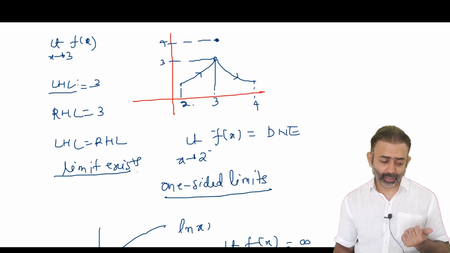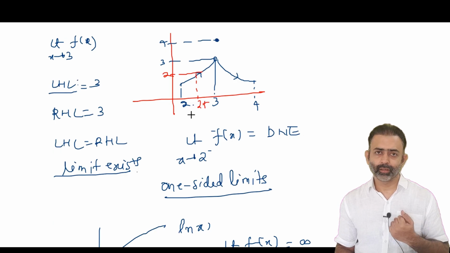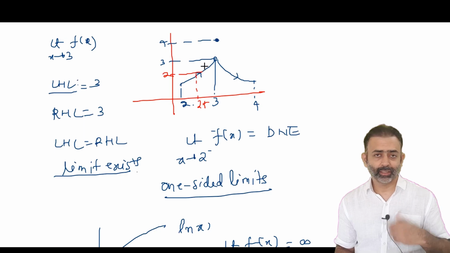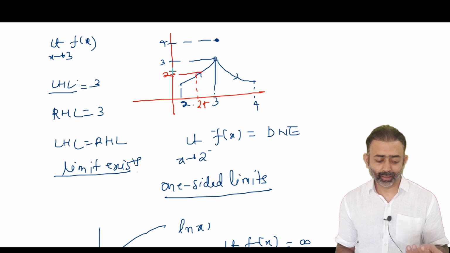So in the previous example, suppose the function is approaching a point 2, also at a certain point, let us say 2.5. I cannot say that the limiting value as we are moving towards c is 2. No, there is again a scope between 2.5 and 3 to get closer to 3. So there is a scope of improvement to this value 2.